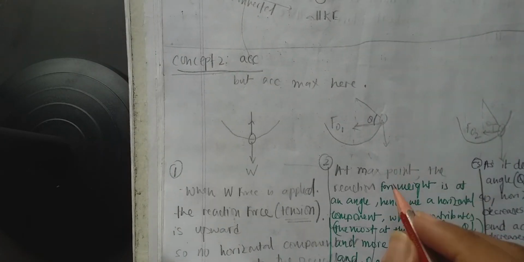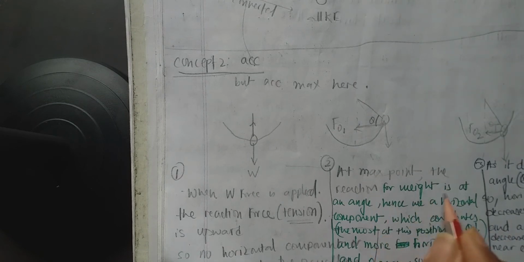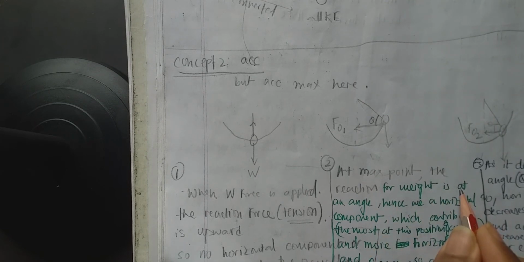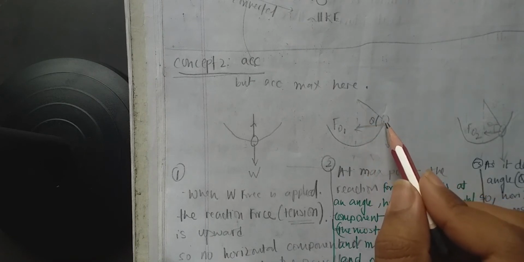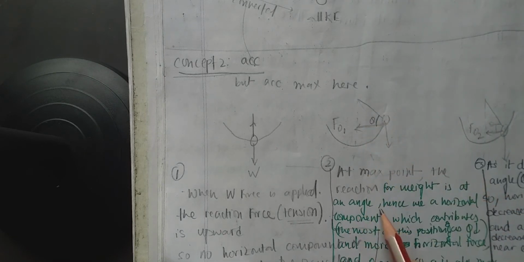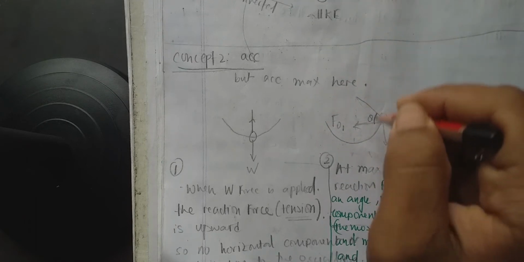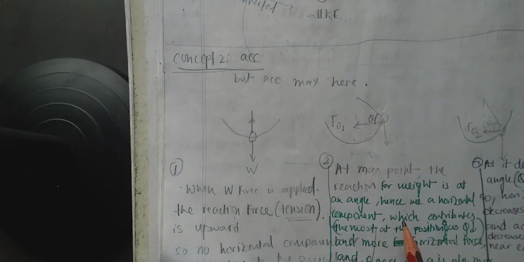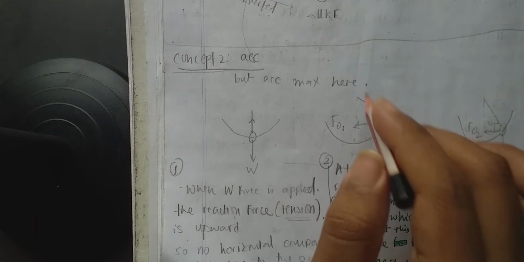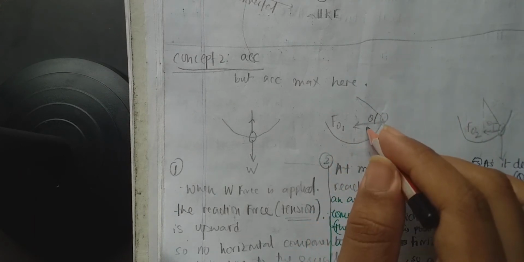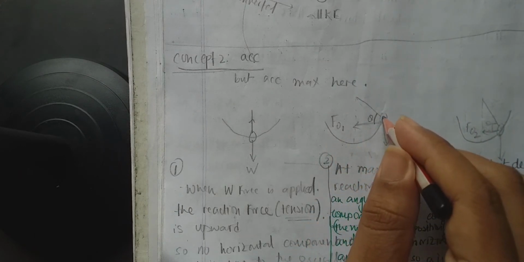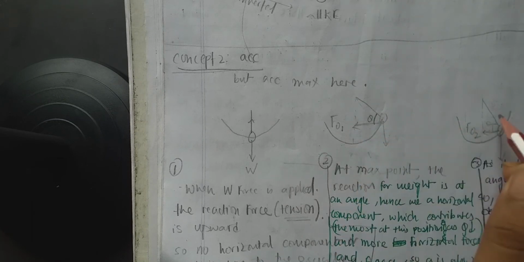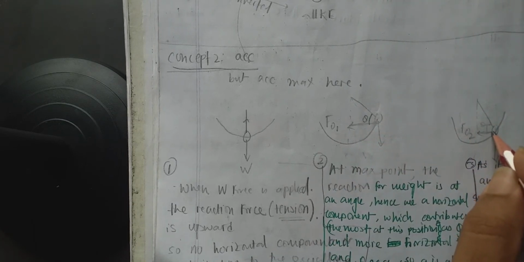So at the maximum point, the reaction for the weight is at an angle, right? Hence, we do get a horizontal component, but as the angle is less, the least at the maximum point, the horizontal component is also the maximum at this point. As we descend, the theta increases and the horizontal component decreases.